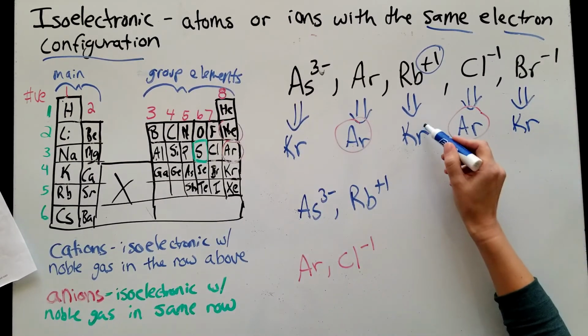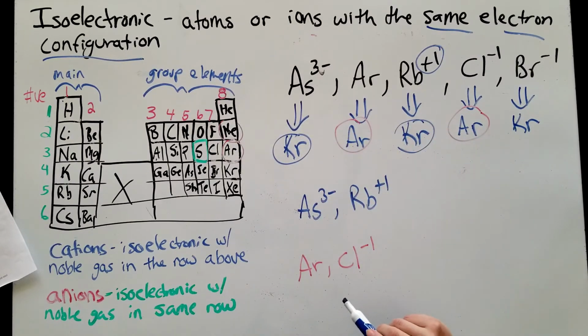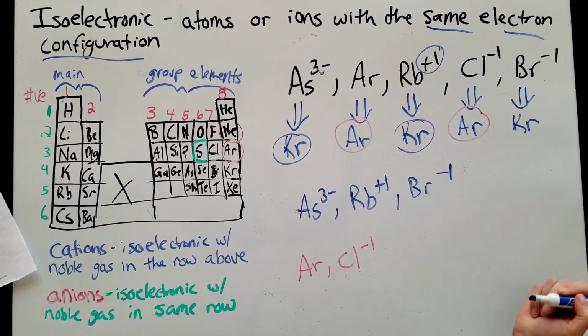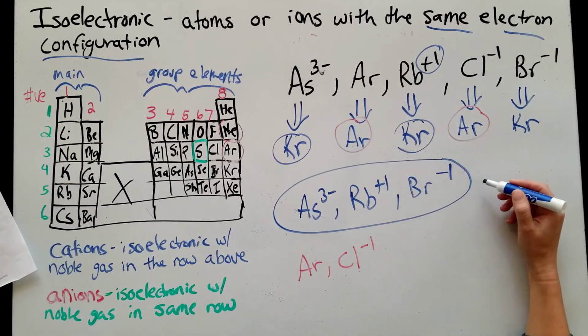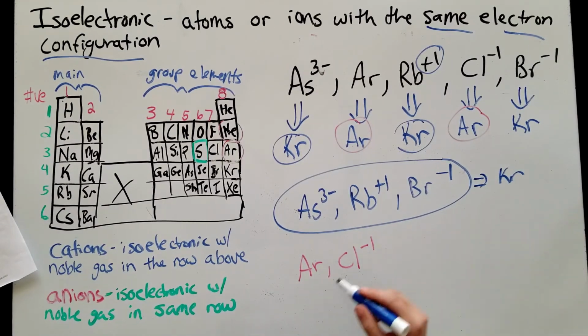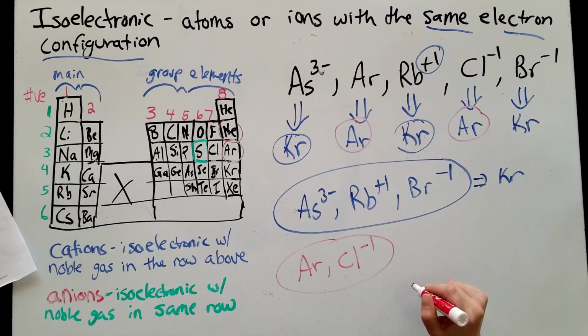So it matches with rubidium plus 1 and arsenic 3-. So bromine -1 goes in this row. These 3 ions are isoelectronic with each other because they all match with krypton. These 2, argon and chlorine -1, are also isoelectronic with each other.